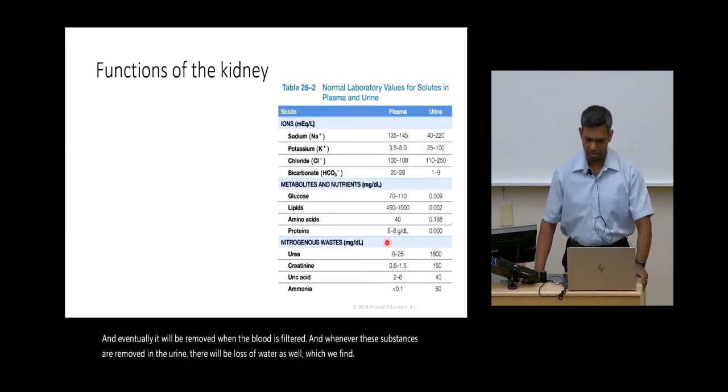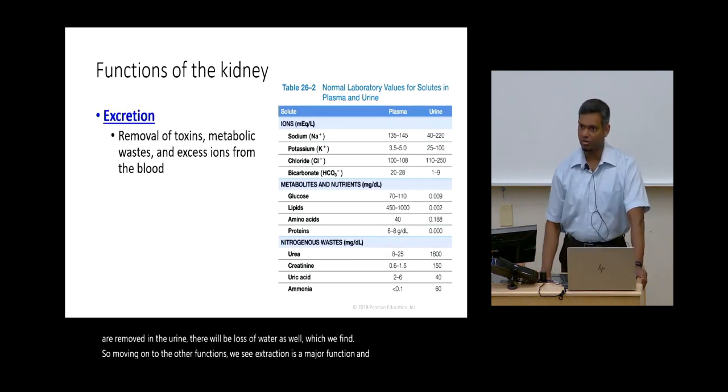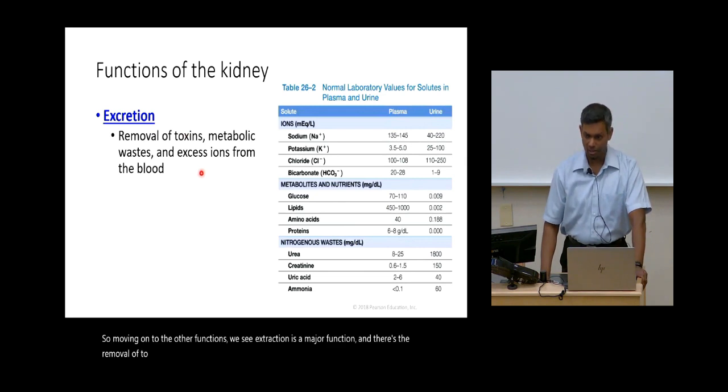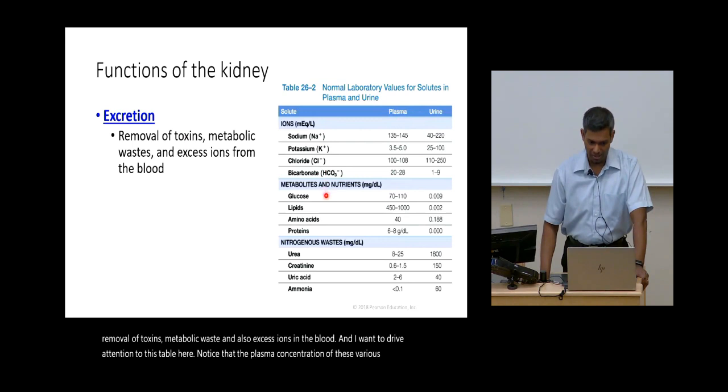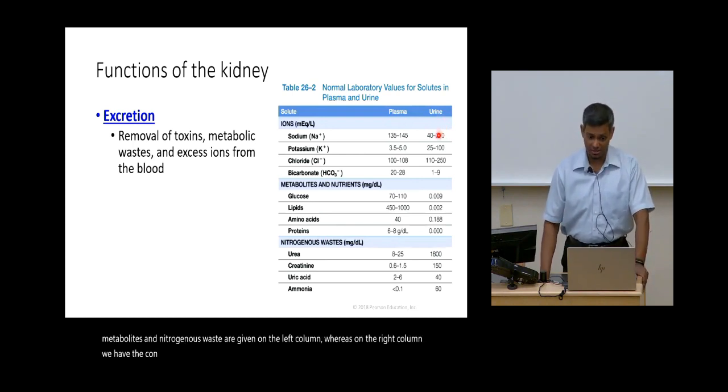So moving on to the other functions, excretion is a major function, and that includes the removal of toxins, metabolic wastes, and also excess ions in the blood. I want to draw attention to this table here. The plasma concentration of these various ions, metabolites and nitrogenous wastes is given in the left column, whereas the right column gives the concentration of these substances in the urine.